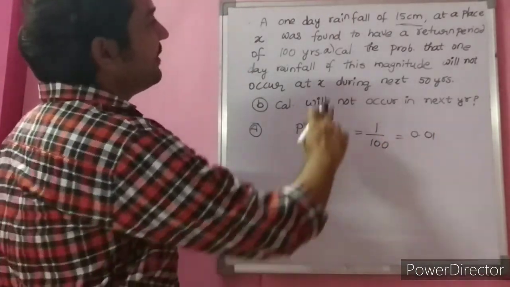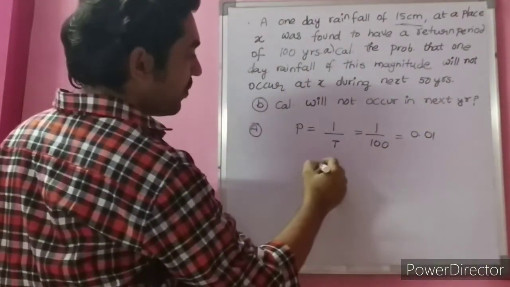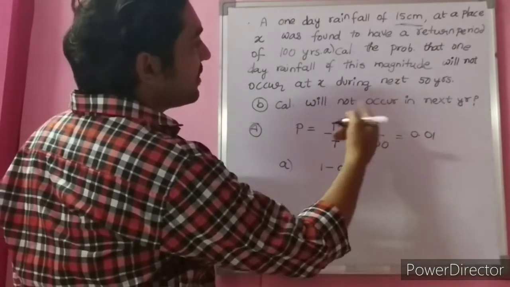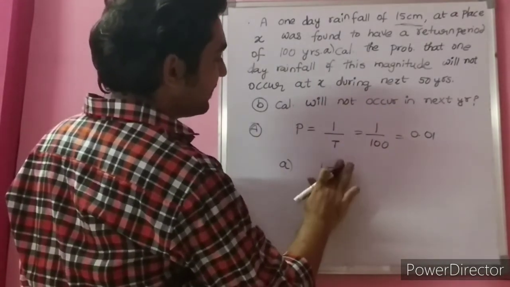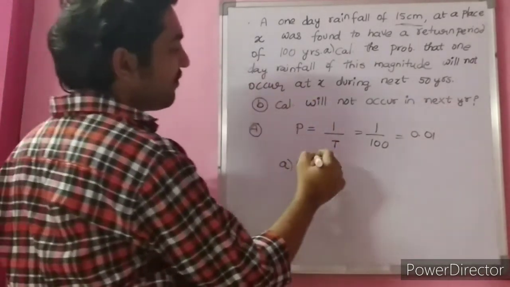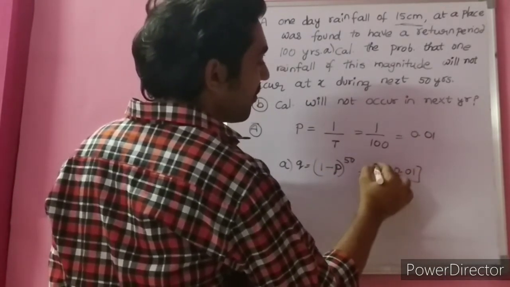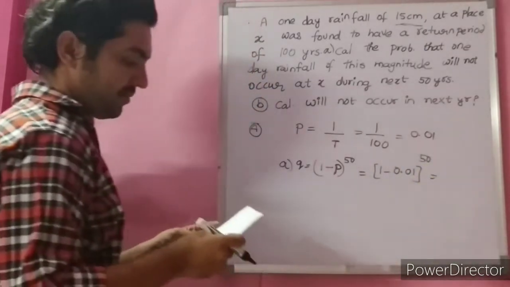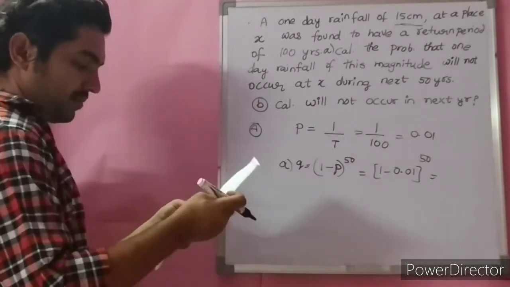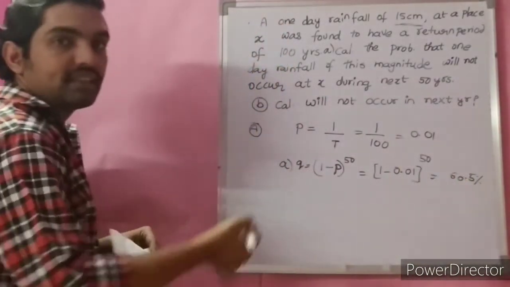The probability that one day rainfall will not occur is Q, which is equal to 1 minus P. During the next 50 years, it is (1 minus P) whole power 50, that is (1 minus 0.01) power 50. Then we get the answer as 60.5%. So this is the solution.